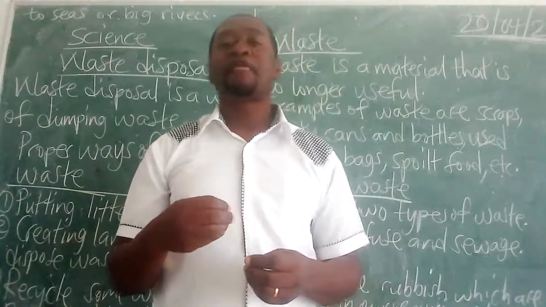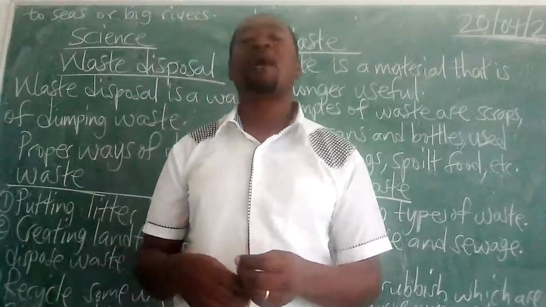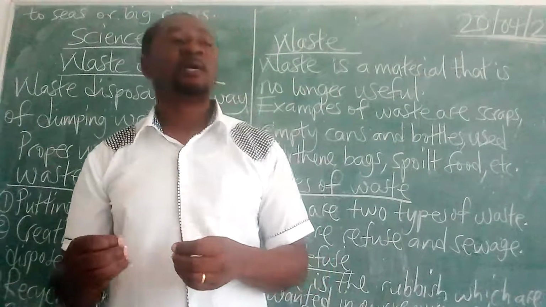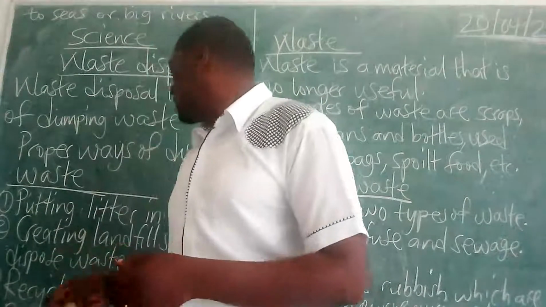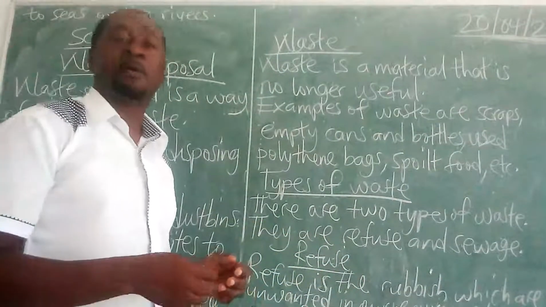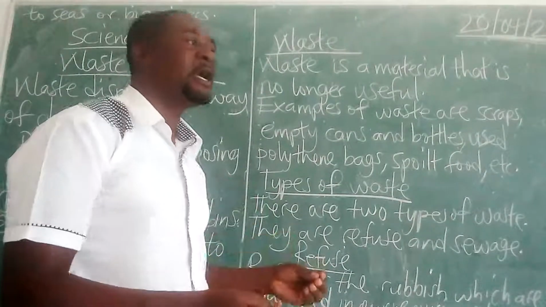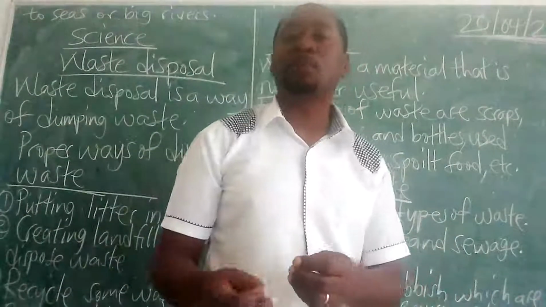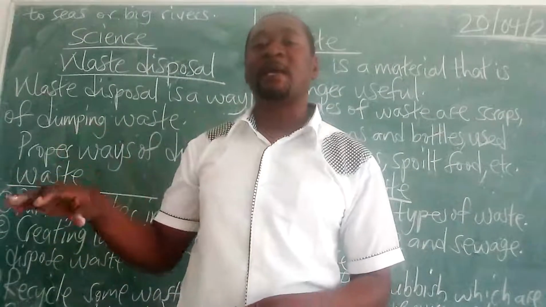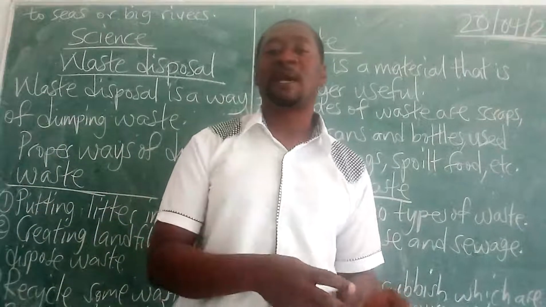So if we recycle the papers, we will not cut trees anyhow. Even if we cut trees, it will reduce. Then the bottles and glasses that we see in our environment, we can recycle them to make new glasses or bottle products, so that we will not go and find the raw material that we use to make the bottles and the glasses.